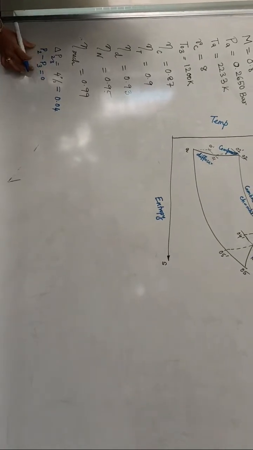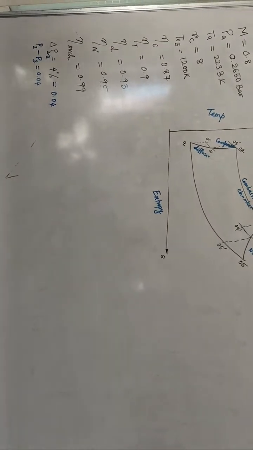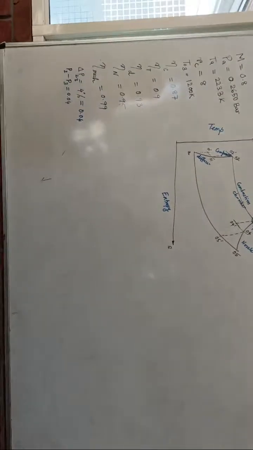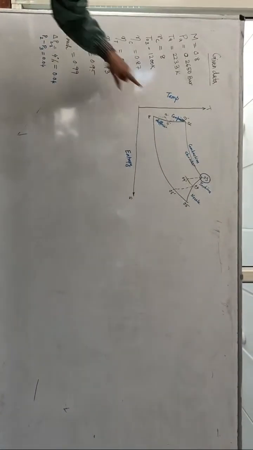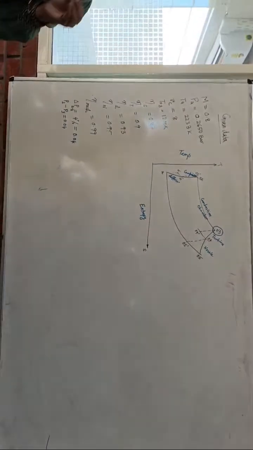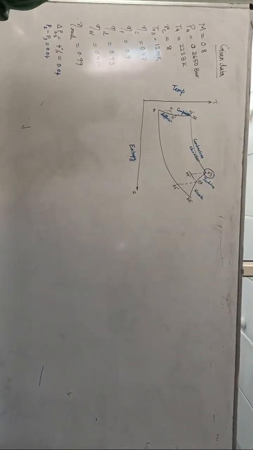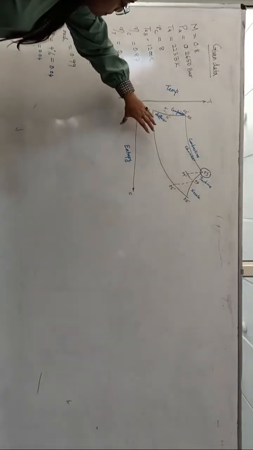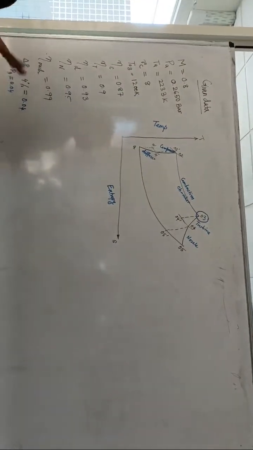So the difference of this is 0.04. First and foremost, your prime task is to write down the given data. If it is a long question for your semester exam, 10 marks or 16 marks, it is important to draw this TS diagram so you can properly map the given data.